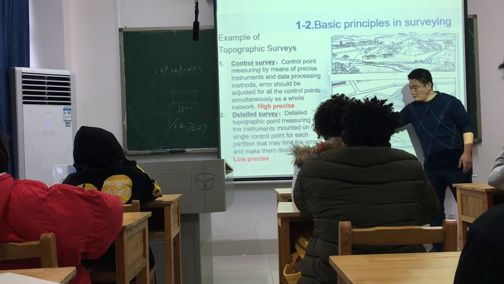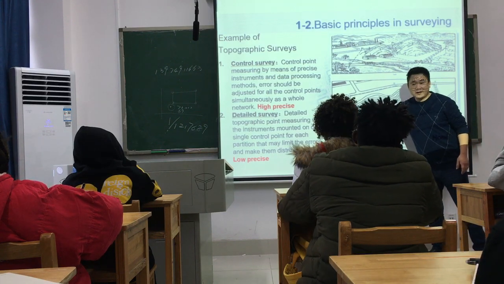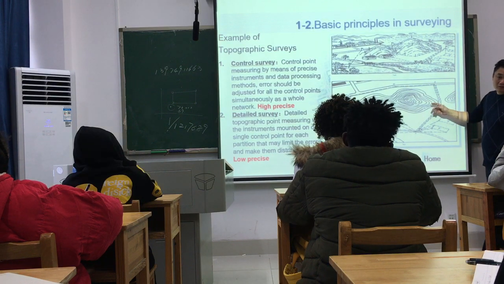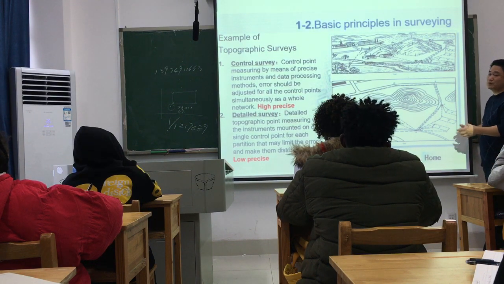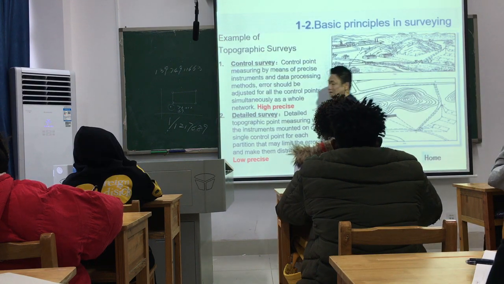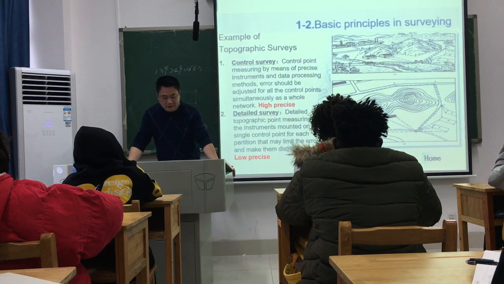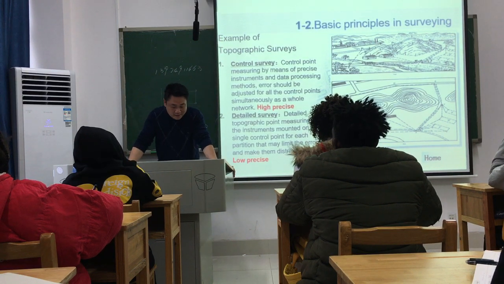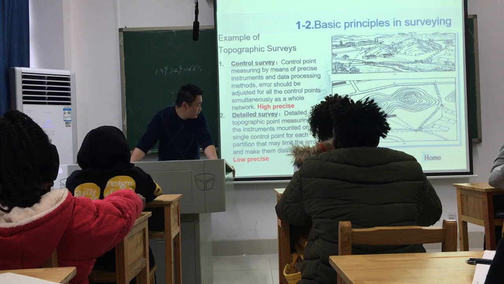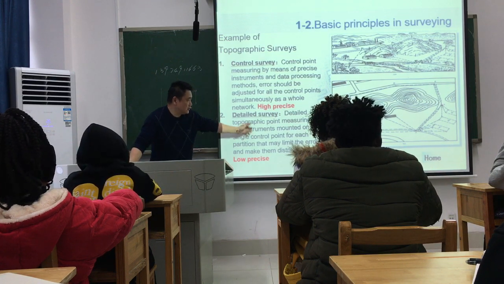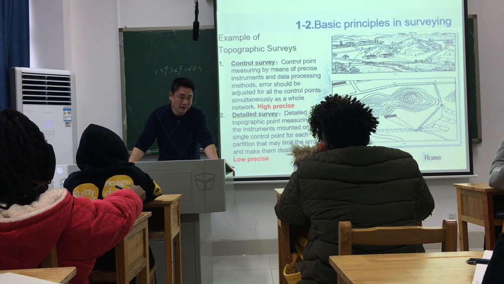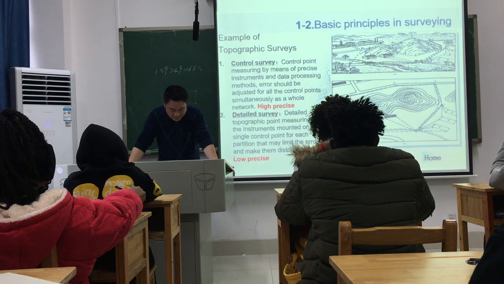So one group is in charge of this area, another group is in charge of this area. Yeah? We can do cooperation. So this is two steps. Firstly, do control survey, and then do detailed survey. If you do detailed survey directly, maybe you can get a wrong result.